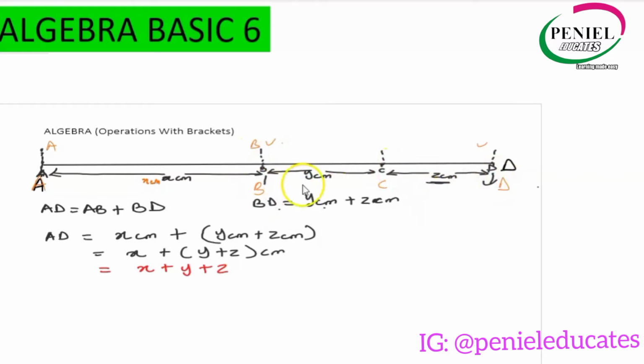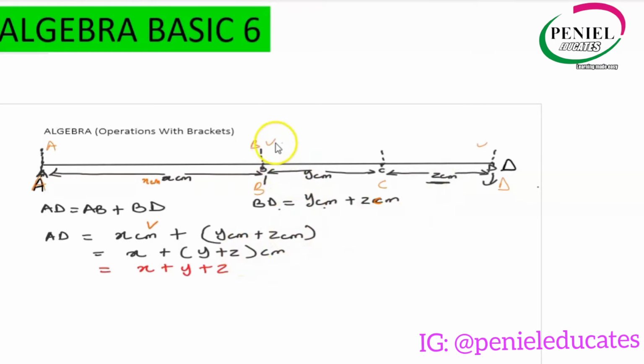So line BD will be equal to Y centimeter plus Z centimeter, while AB is still X centimeter. If you add the two lines together, we have X centimeter plus Y centimeter, which is BC, then plus CD, which is Z centimeter.